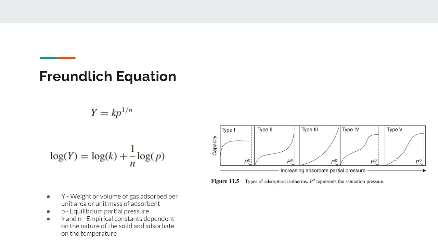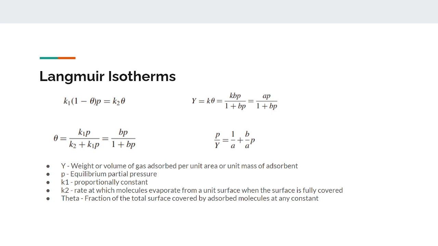So what is an isotherm? It's basically just some sort of representation, typically graphical or mathematical, and it basically describes the relationship between the concentration or amount of a substance absorbed onto a surface, so the absorbent, and a specific variable, such as pressure or concentration, and either of those at a constant temperature.